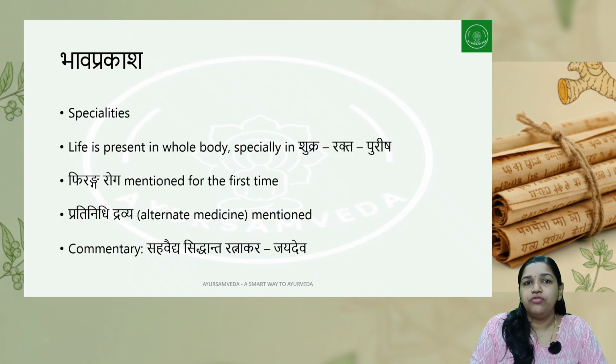Other features of Bhava Prakasha include that this textbook explains that life is present in the whole body, but especially it is present in Shukra, Rakta, and Purisha. Also, this is the first textbook to explain the disease Phiranga Roga, and also Pratinidhi Dravya, that is the alternate medicines which can be utilized in the absence of other drugs, has been explained in the Bhava Prakasha.